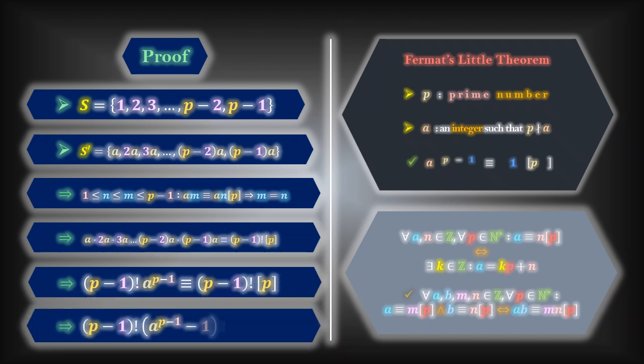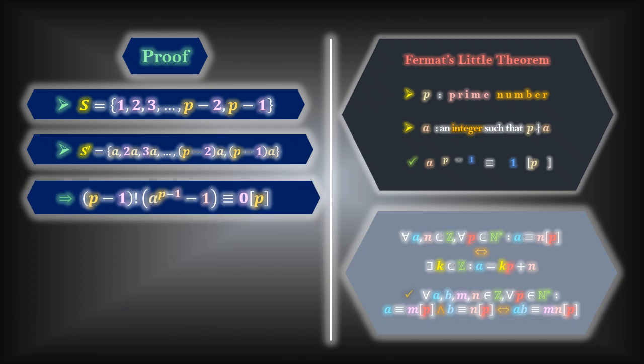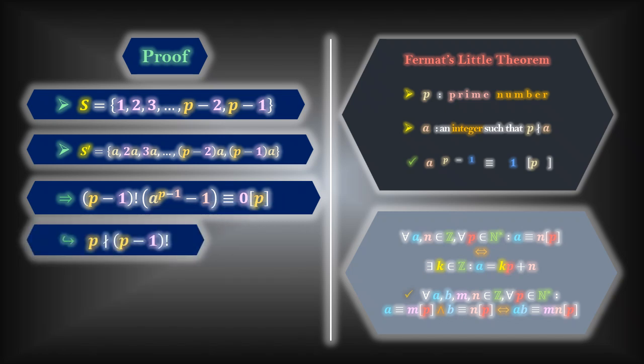Extracting p minus 1 factorial as a common factor, we obtain p minus 1 factorial times a raised to the power of p minus 1, minus 1, is congruent to 0 modulo p. Therefore, the prime number p divides the product p minus 1 factorial times a raised to the power of p minus 1, minus 1. However, p does not divide p minus 1 factorial because p is relatively prime to each of the integers 1, 2, 3, and so on up to p minus 1, all of which are strictly smaller than p.